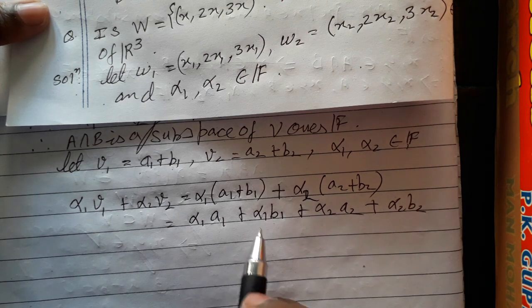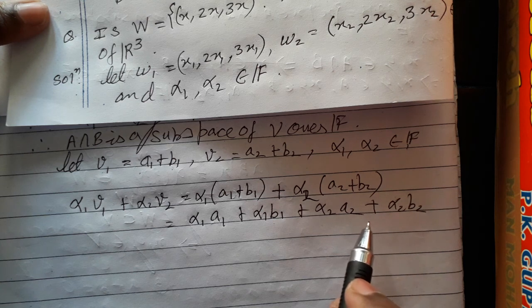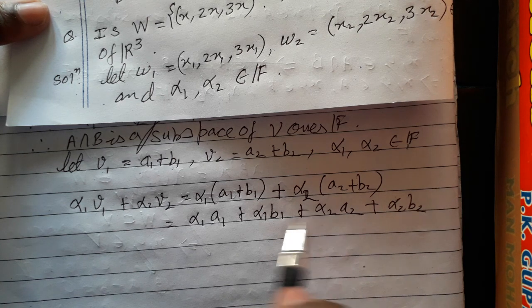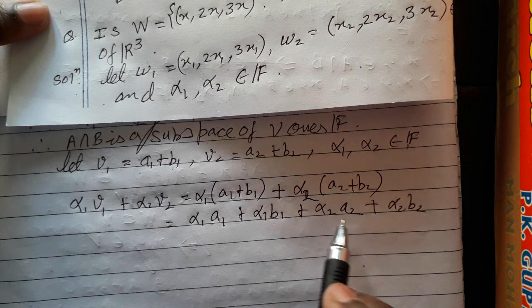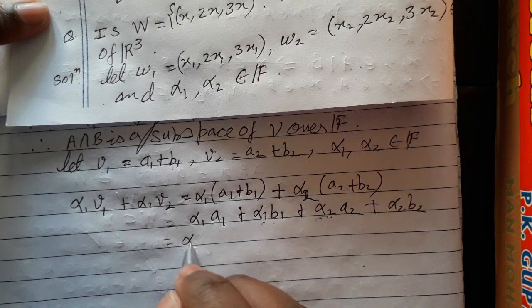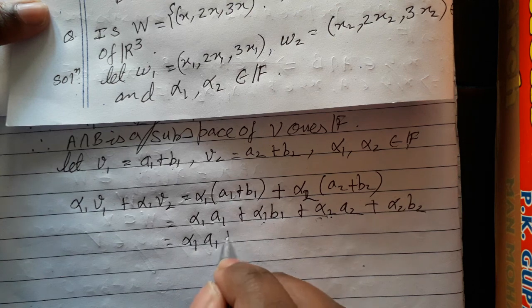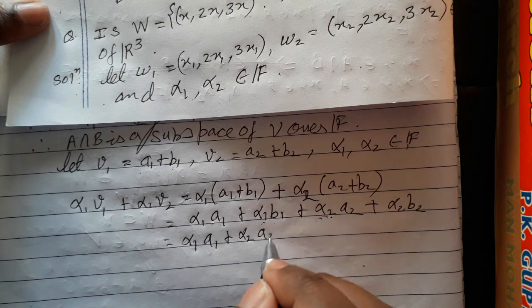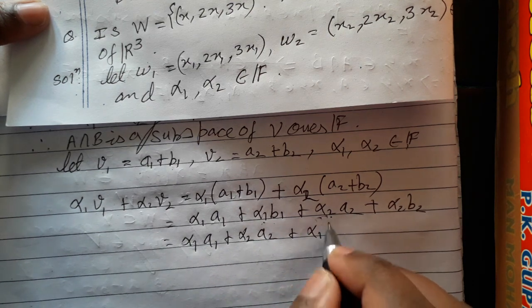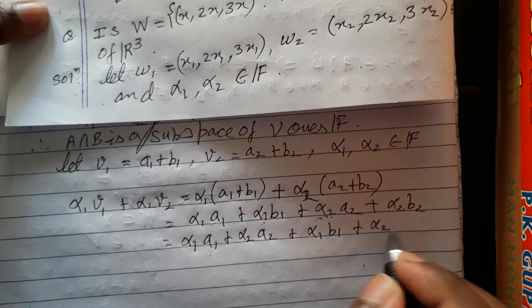But since these are all elements of a vector space, and addition makes it an abelian group, we can commute the elements. So we can interchange these two positions. So we have alpha 1 A1 plus alpha 2 A2 plus alpha 1 B1 plus alpha 2 B2.